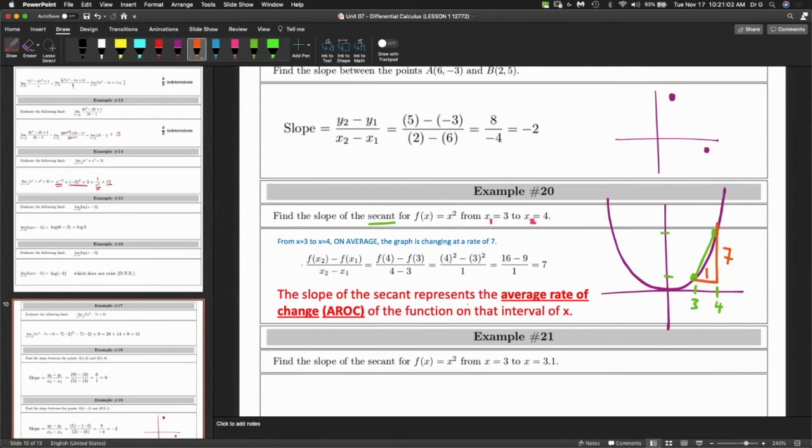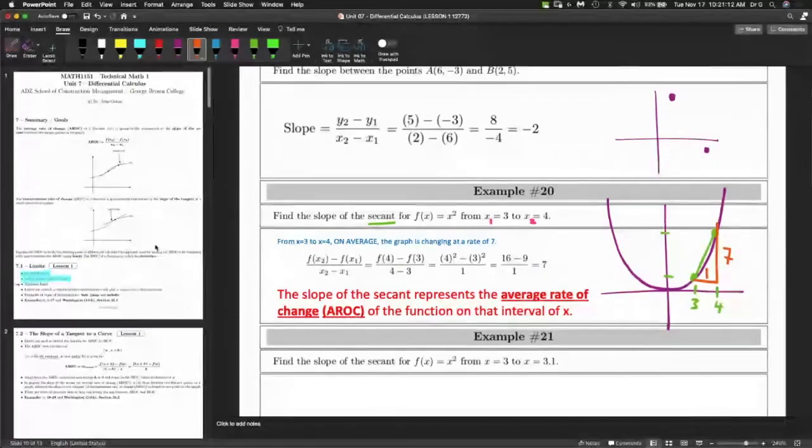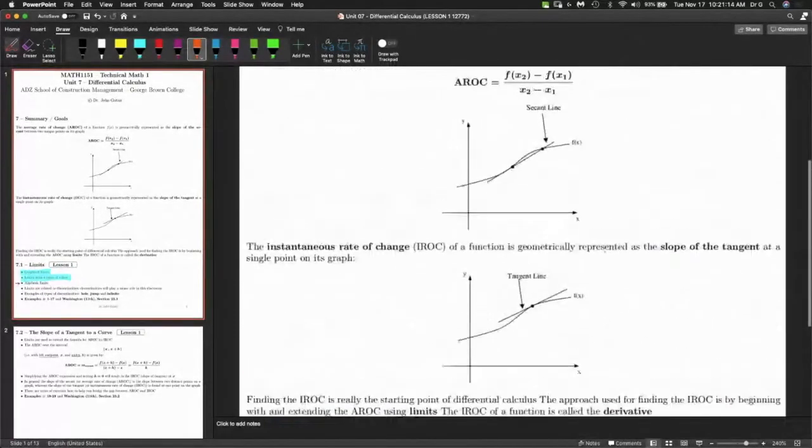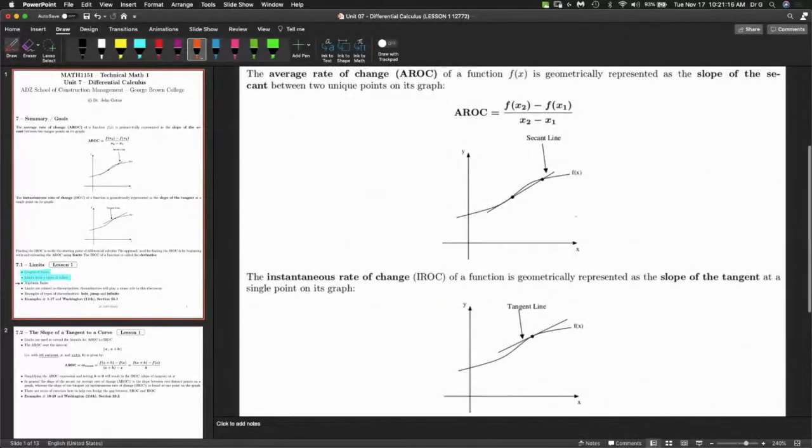So I'm going to ask you to do some more slope of secants, and it's just extra practice. But before I do that with you, I want to take you back to the cover slide and remind you what we're trying to do here. Right now, I'm asking you to calculate the slope of a secant. Ultimately I want to find the slope of the tangent.